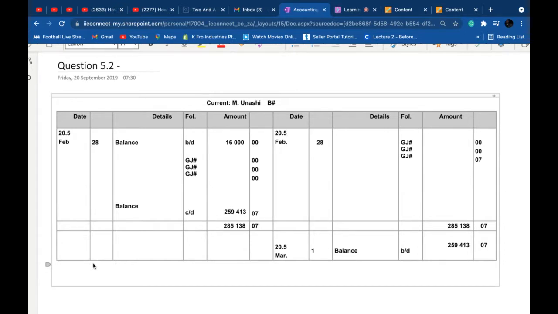Interest on capital account. You can see we have Unashi's current account there, on the projector. Okay, so first thing you want to look at is what is his or her capital balance. And we see that, okay, cool, it's a credit balance.